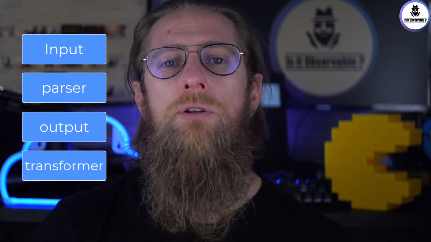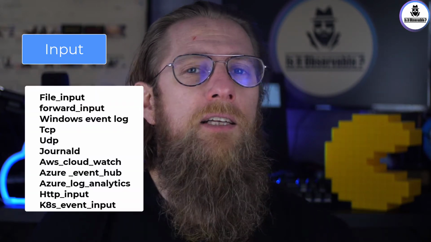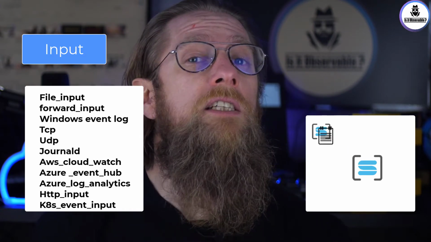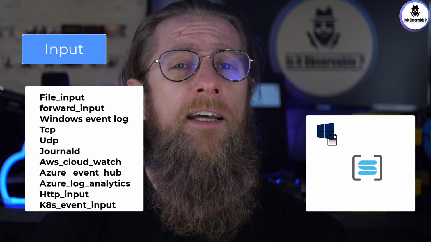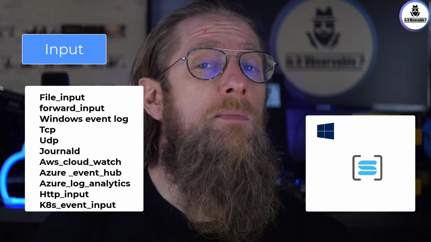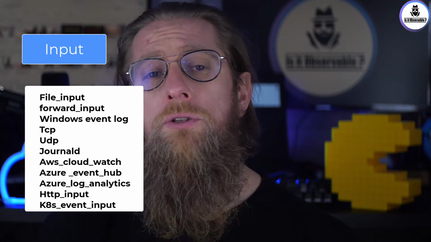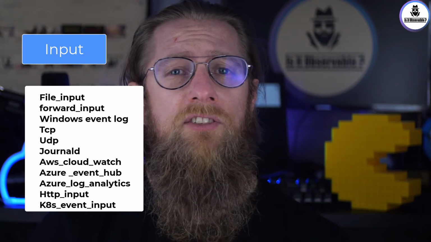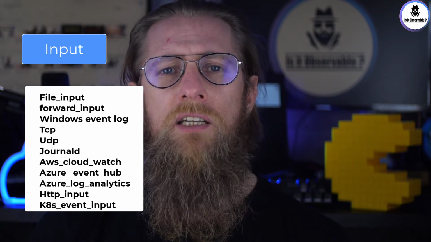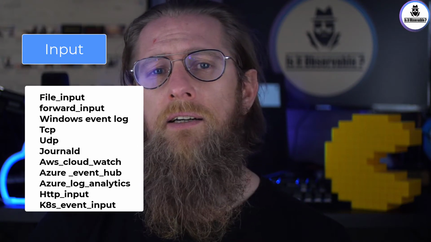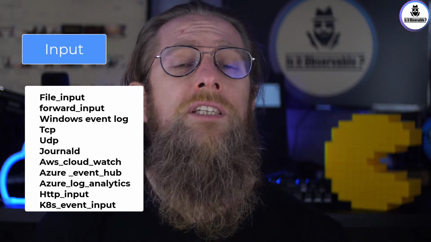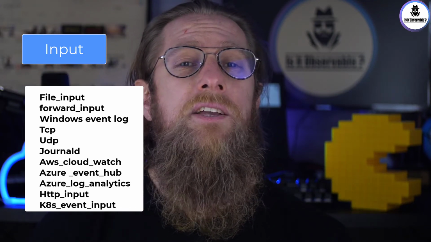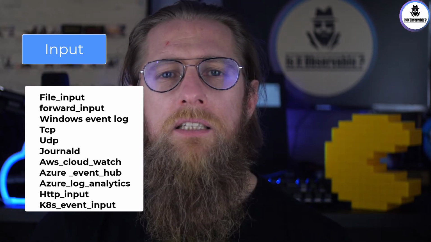Stanza has several input operators. File input, obviously, the forward input to receive logs from another Stanza agent, Windows event logs, TCP, UDP. We can also collect from journald, and then all the various integrations with cloud vendors like AWS CloudWatch, Azure Event Hub, Azure Log Analytics, and you can also receive HTTP streams, and also anything related to Kubernetes, so Kubernetes events input.